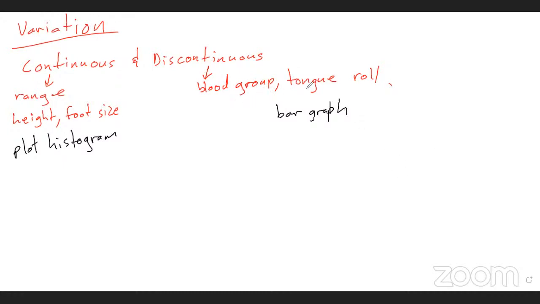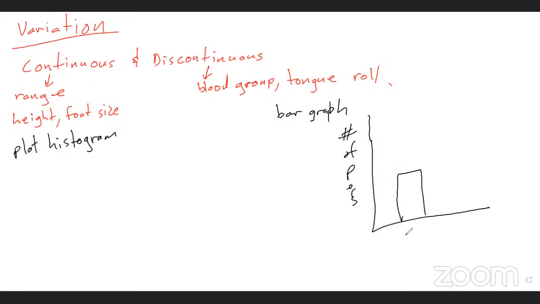So quick example, the ability to tongue roll. Number of persons, this could be the ability to roll the tongue. So you could go pie chart.